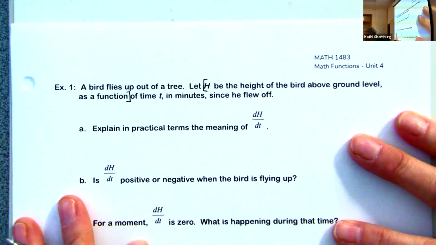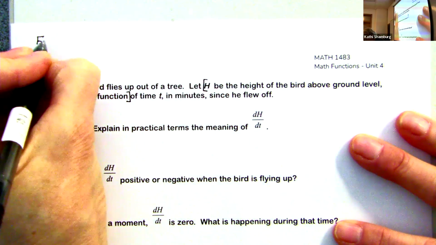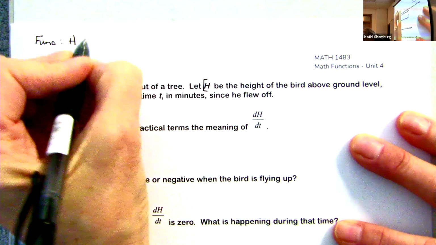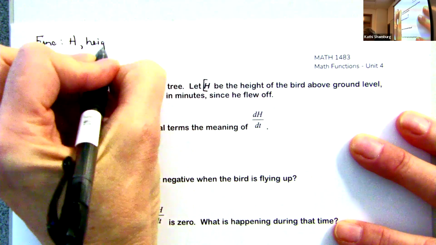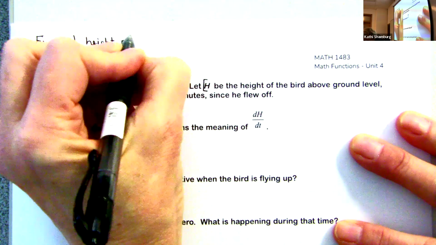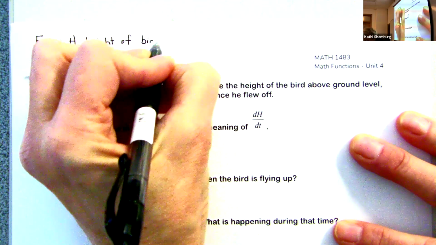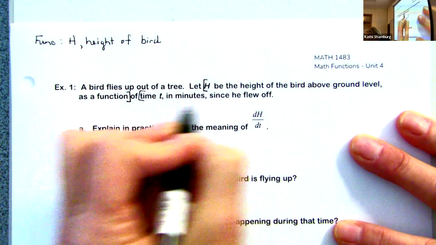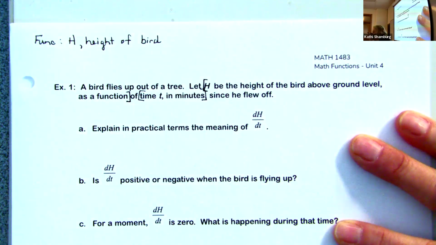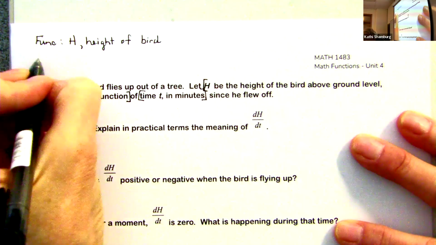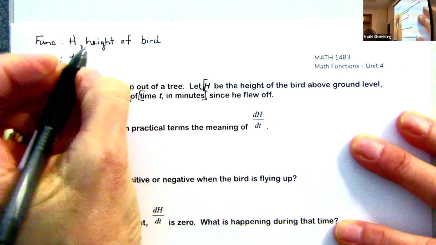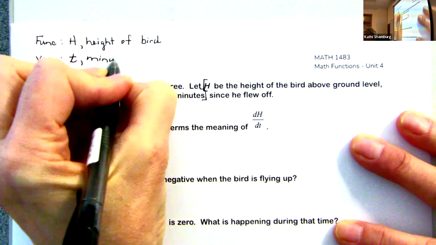Okay, so we can define our function h, which is the height of the bird, and t, time in minutes. So this would be per 1 minute then. So variable would be t, which is minutes.